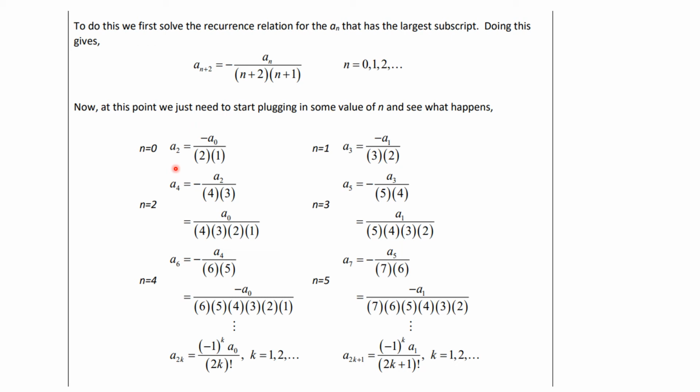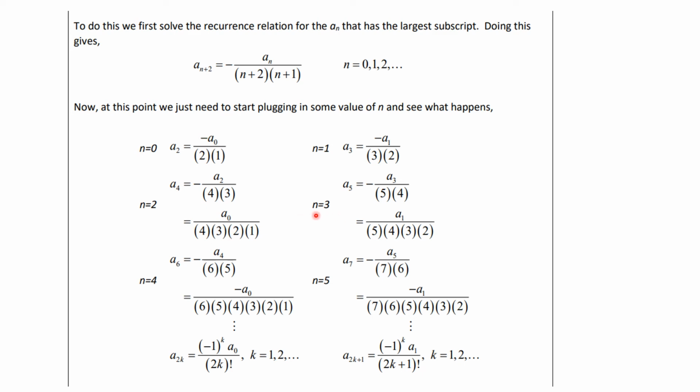So for n equals 0, I get this. For n equal 1, I get this. For n equal 2, I get this, but I know that a2 is this, so I substitute again and I can simplify it this way. So you see, both this term and this term have a0.